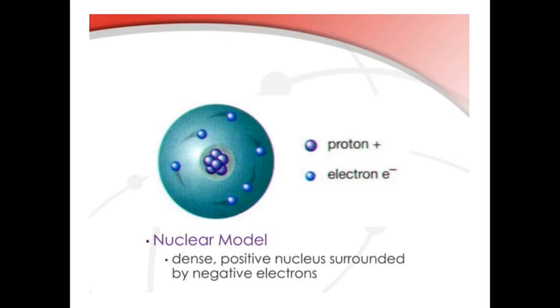The large mass is dense, positively charged, and surrounded by electrons. Therefore, Rutherford's model was called the nuclear model because it led to the discovery of the nucleus. The properties of the nucleus were discovered as well: dense, positively charged, found at the center of the atom, and surrounded by negative electrons.